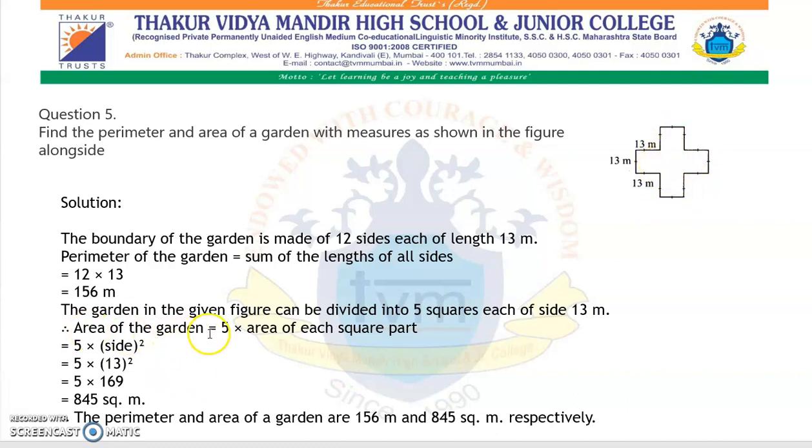So area of garden is equal to 5 into area of each square part. 5 into side square equal to 5 into 13 square equal to 5 into 169 equal to 845 square meter. Therefore, the perimeter and area of garden are 156 meter and 845 square meter respectively.